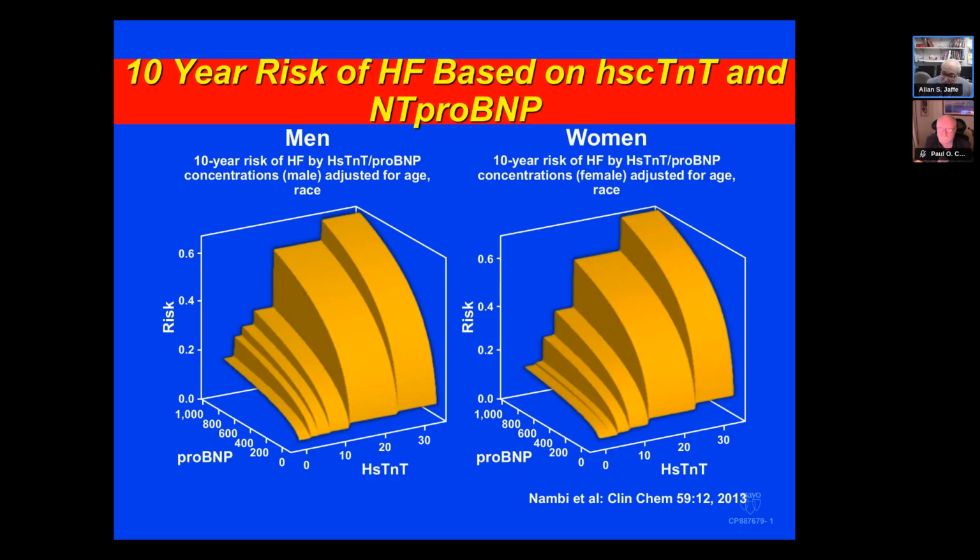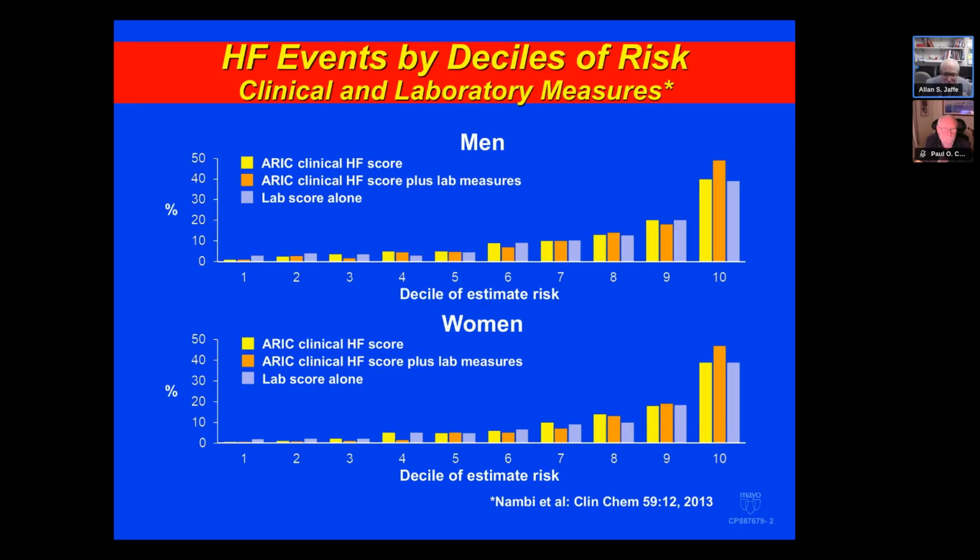It's very similar to what occurs with troponin. And this has been leveraged by multiple groups. This comes from the ARIC study that basically shows one can utilize biomarkers such as troponin and NT-proBNP to identify patients who are at risk for heart failure going forward.